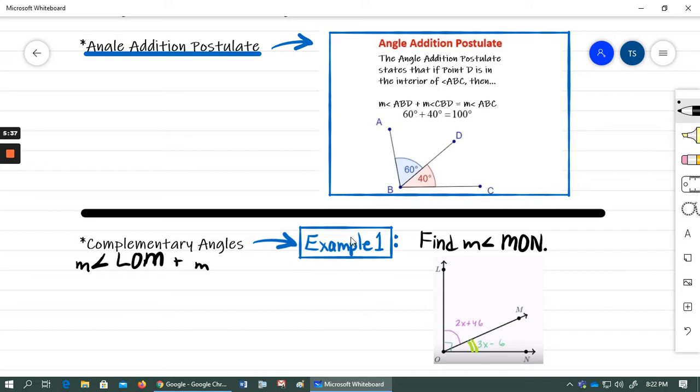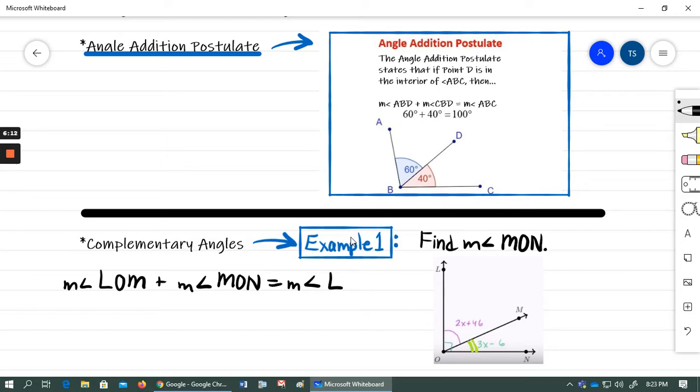The measure of angle LOM, plus the measure of angle, what that other angle is, MON. So those two smaller angles added together are equal to that bigger angle, the measure of angle LON.